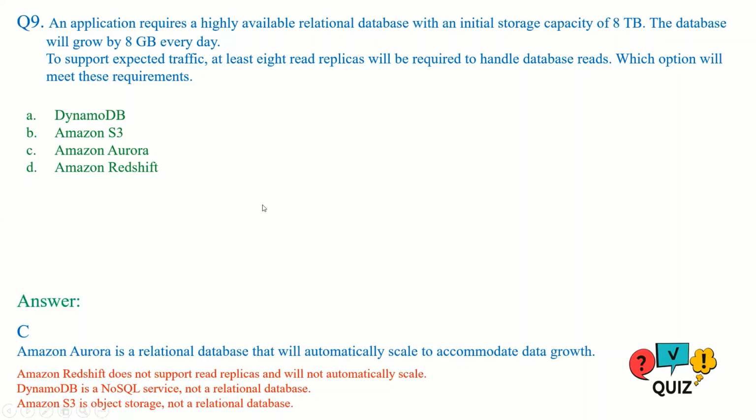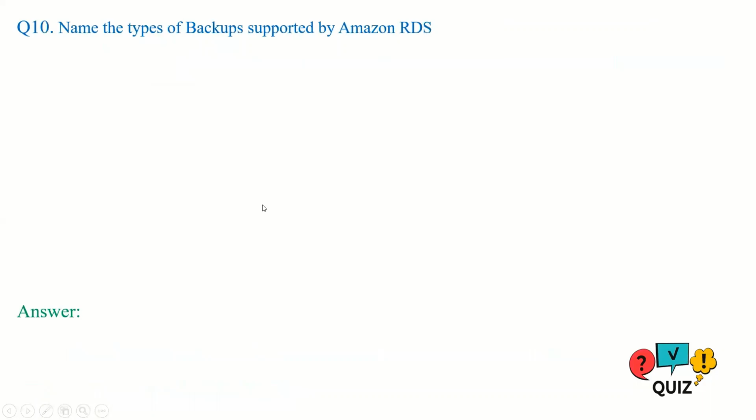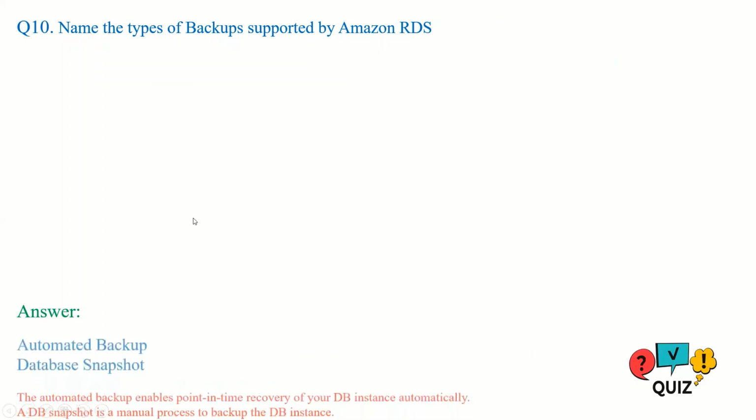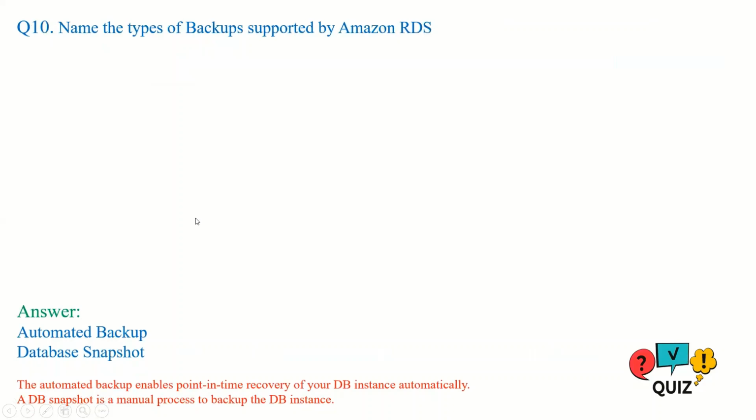That's very good. Next, name the types of backups supported by Amazon RDS. While creating the database instances, we will get this option. The answers are automated backup and database snapshot.